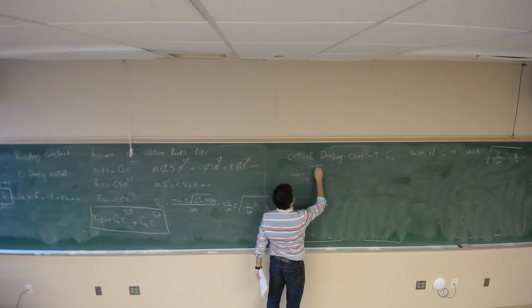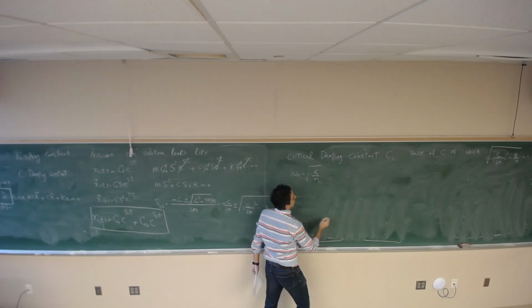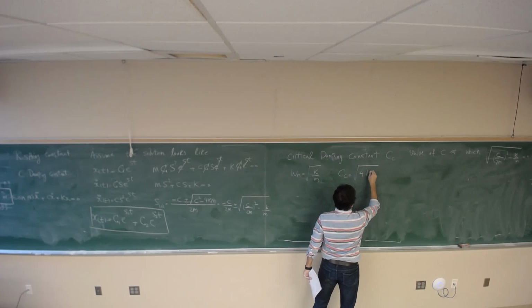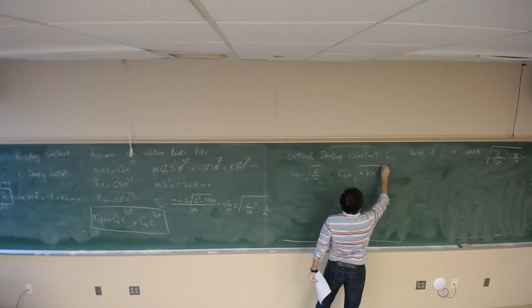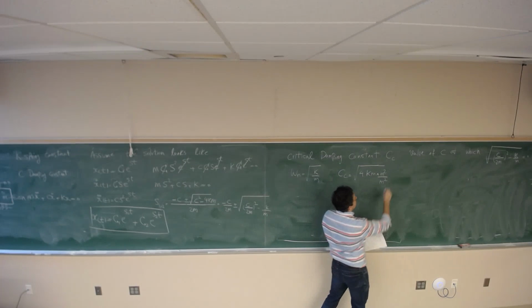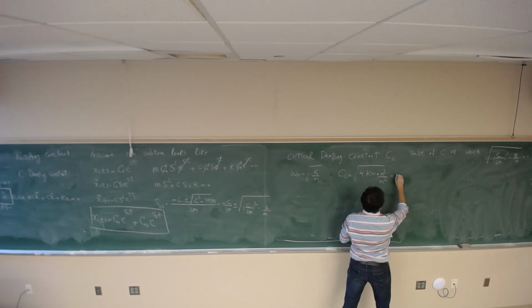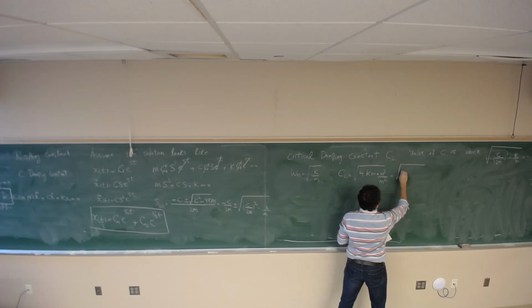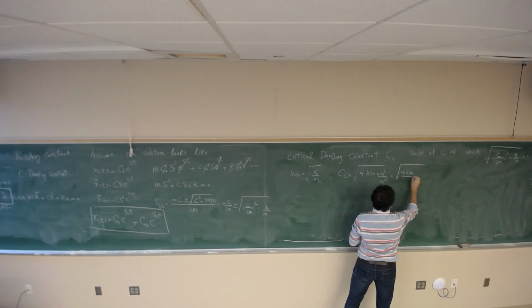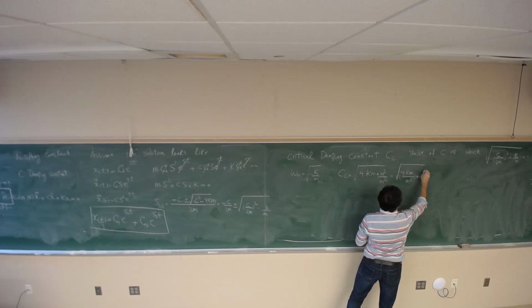So it's going to be the square root of k over m. So Cc is the square root of 4km. I multiply this by m squared divided by m squared. It's not going to change. So I keep this 4km divided by m squared, multiplied by m squared.